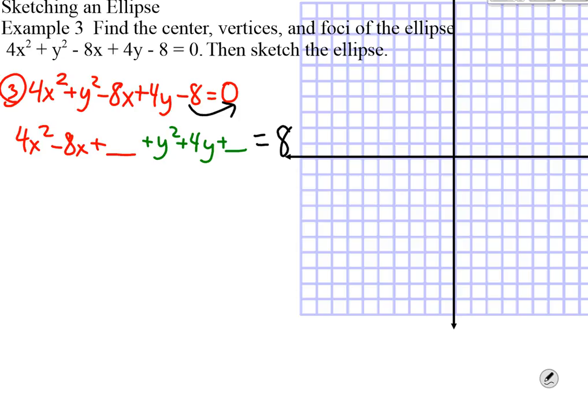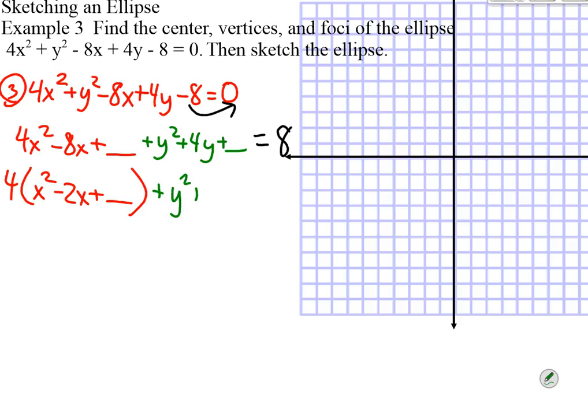This one isn't super different than the other one, so it's kind of comforting to try something kind of the same. When we're going to complete the square, just a reminder that we need to factor out the 4 there. So this is going to be 4 times x squared minus 2x plus blank. And then on this other one, I'll complete the square as I go.